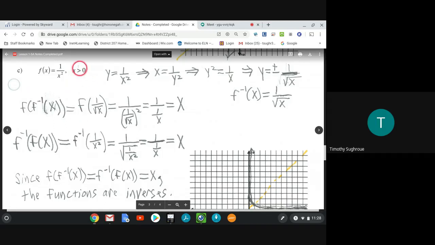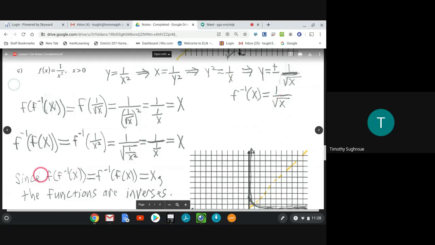Well, if I plug in only positive values for x, that means I should get out only positive values for y. x and y are switching roles. So I only want positive values for y. I want the positive piece. If this was x is less than 0, the work would be exactly the same, except I would keep the negative sign.